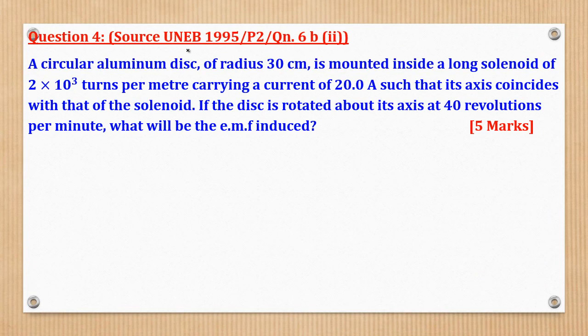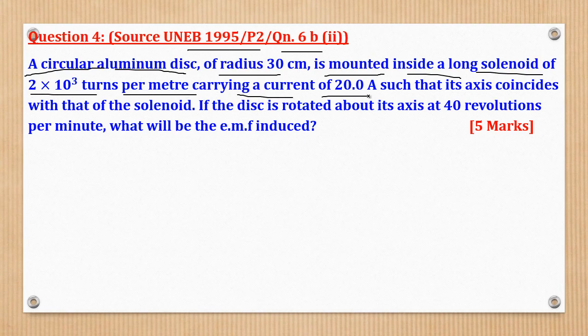Then question 4 came from UACE 1995 part 2, question 6b, Roman 2, and says: a circular aluminium disc of radius 30 centimeters is mounted inside a long solenoid of 2 exponent 3 turns per meter carrying a current of 20 amps such that its axis coincides with that of the solenoid.